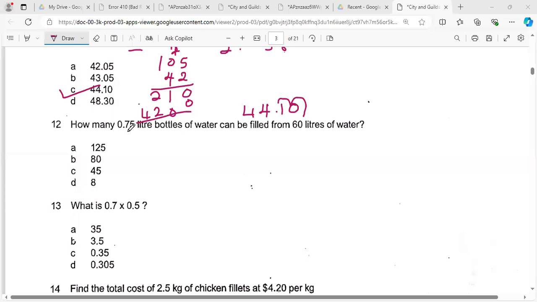Alright, so this says how many 0.75 liter bottles of water can be filled from 60 liters. So two things about this question. They tell you how much the bottle can hold and they give you the total that you have. So you know that is division, basically. It's the same unit, liters and liters, so that should not be a problem.